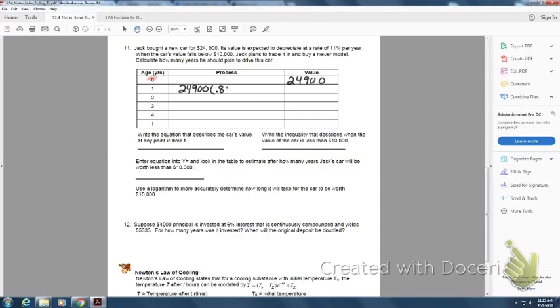You do 1 minus 0.11, and that's going to give you 22,161. And then you would just multiply the previous year's value by 0.89 each time to find the next year. So go ahead and finish that table out for me, please.